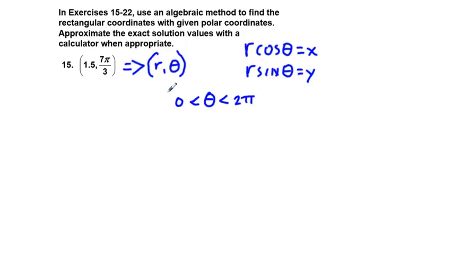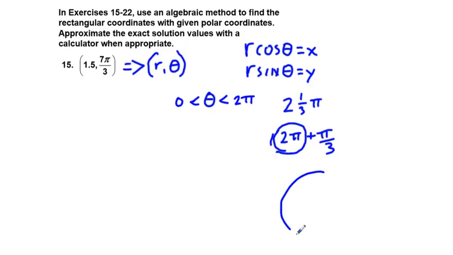In this case, 7 pi over 3, if we made a mixed number of this, we would have 2 and 1/3 pi. So it'd be 2 pi plus pi over 3. And so this 2 pi represents an entire rotation.